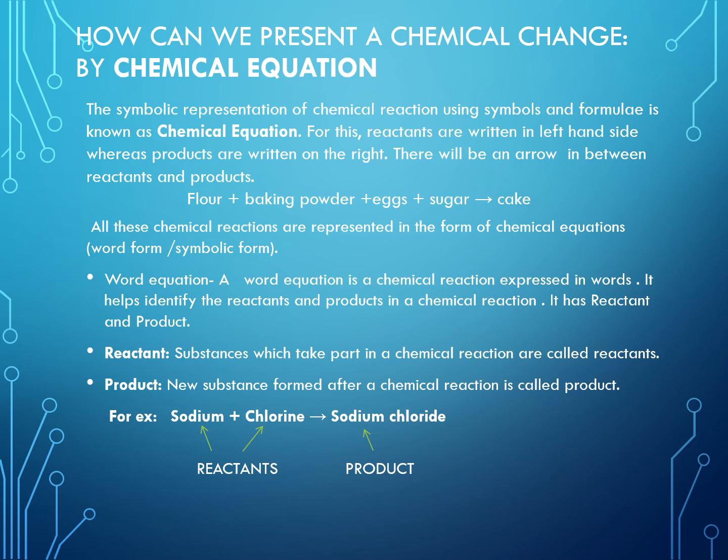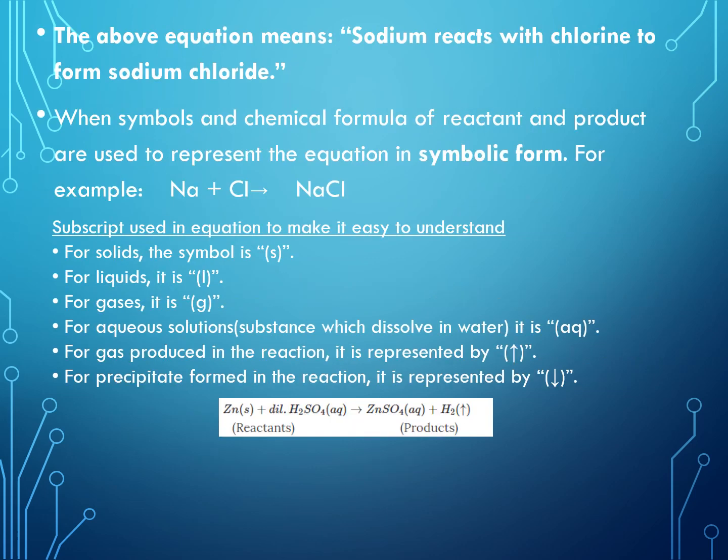Here we have taken sodium, the name of the reactant, chlorine, the name of another reactant, and they give a product, that is sodium chloride. It's the name of that product. So this is in the form of a word equation. The equation in the previous slide can also be written as sodium reacts with chlorine to form sodium chloride.